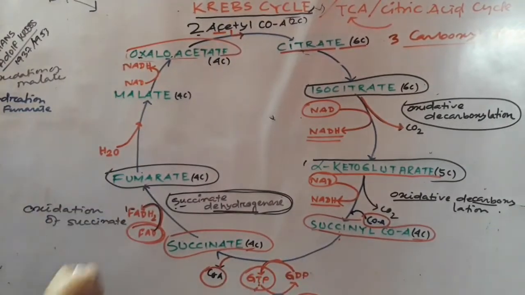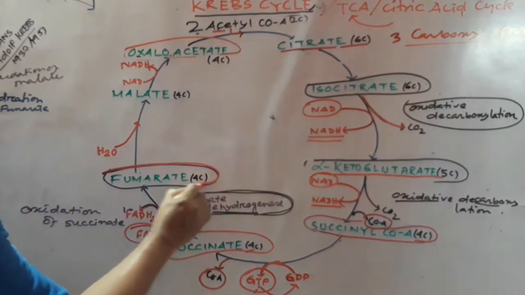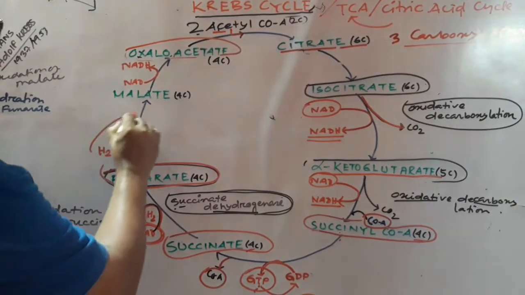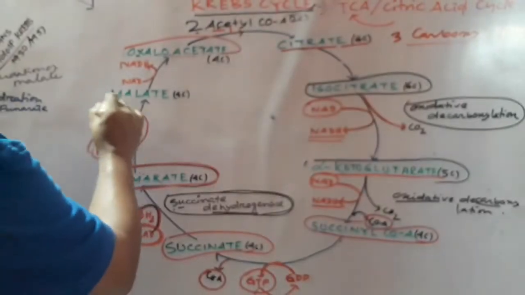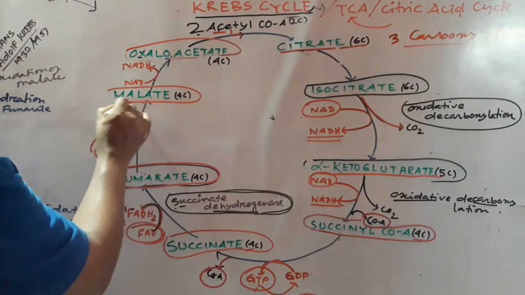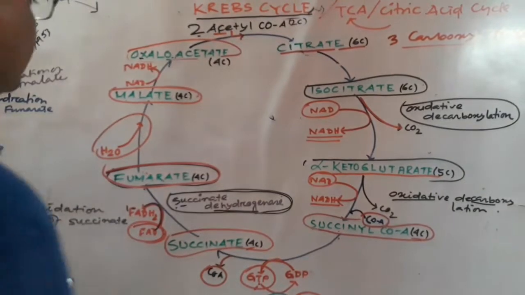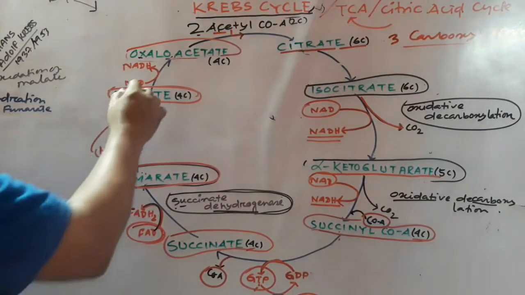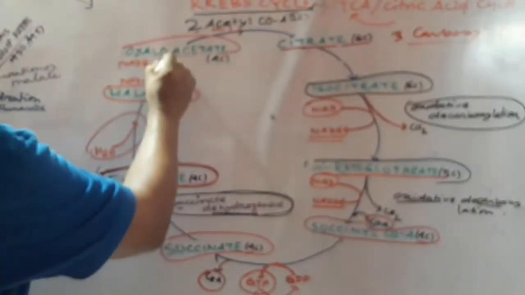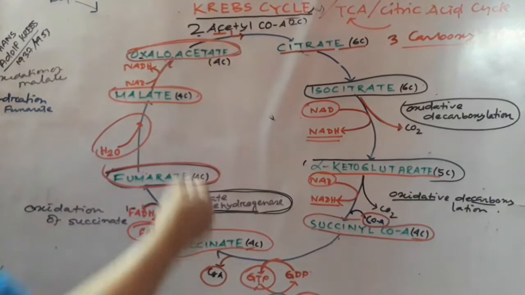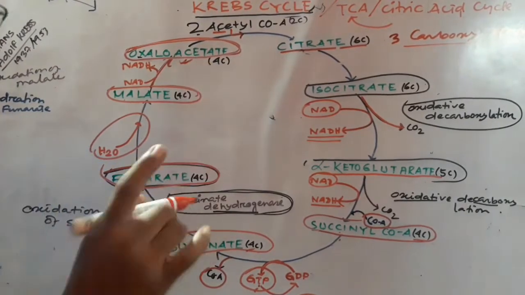In the next reaction, one molecule of water gets added to fumaric acid to convert it into malic acid. As you know, the malic acid also has 4 carbons. In the next step, malic acid is oxidized to regenerate the original acetyl group acceptor, oxaloacetic acid.